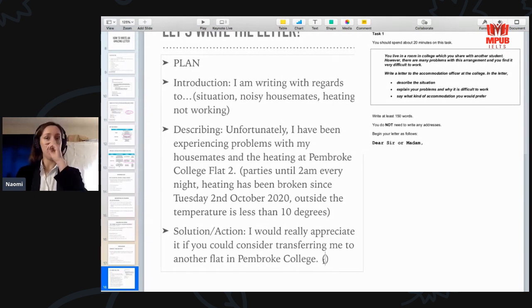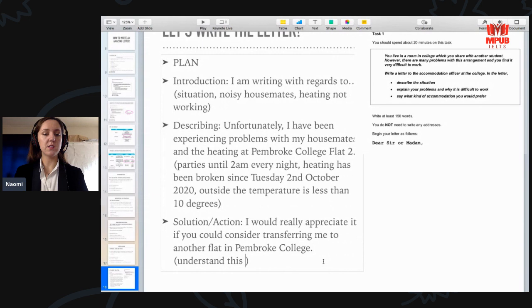Then I'm going to use another polite phrase. I'm just making notes here. Understand this could take time. But, and then you can even add in something to give it a bit more urgency, make him do it quicker.